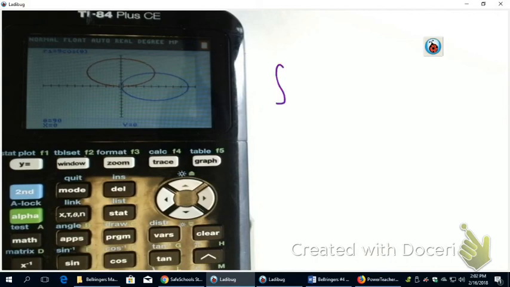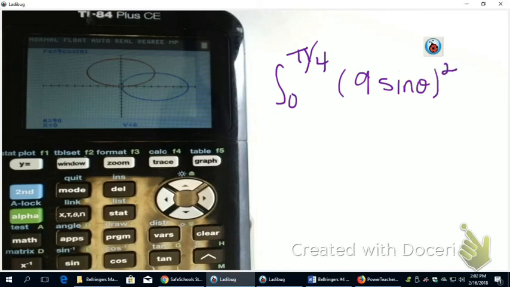So it sounds like we're going to go 0 to pi over 4. And that would be the red one. The red one ended up being 9 sine of theta. 1/2, because that's part of the formula, 1/2 r squared.